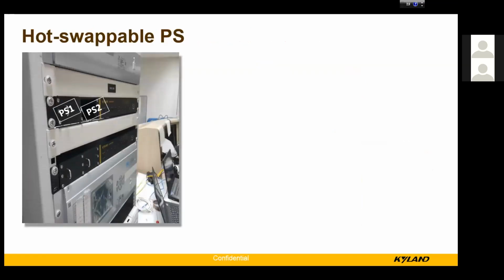And another highlight is that we have already supported the hot swappable power source on the Silicon 3028 GPT. You can see that on the front panel, there are two hot swappable power modules here, source 1 and source 2.